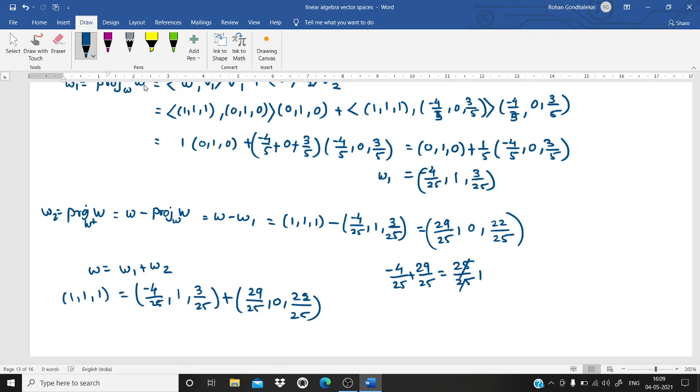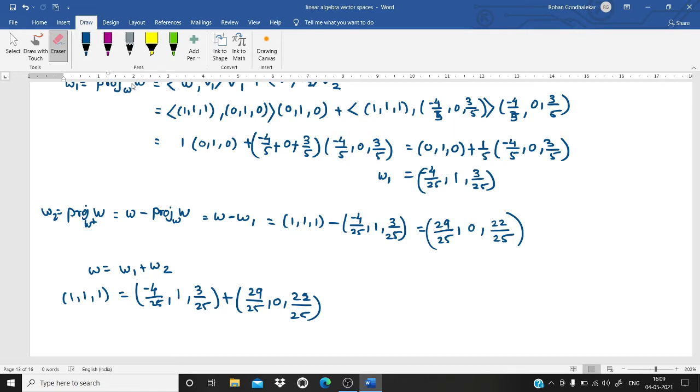Next is 1 plus 0, which is 1. 3 by 25 plus 22 by 25 again becomes 25 by 25, which is again 1. So we get 1, 1, 1 back. Is it clear? So this is how one can find the components of a vector as W1 and W2, where W1 is the projection in W and W2 is in W perp, that is, in the orthogonal complement.